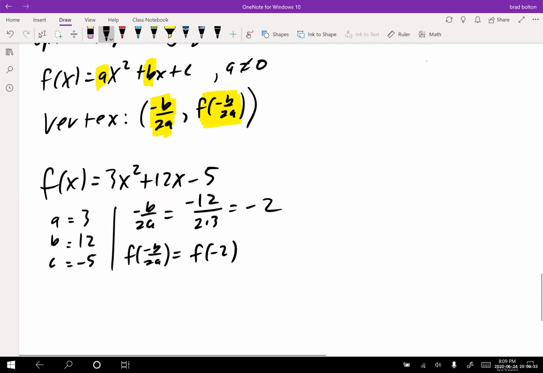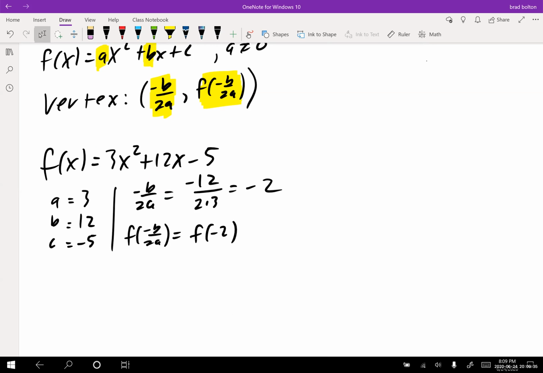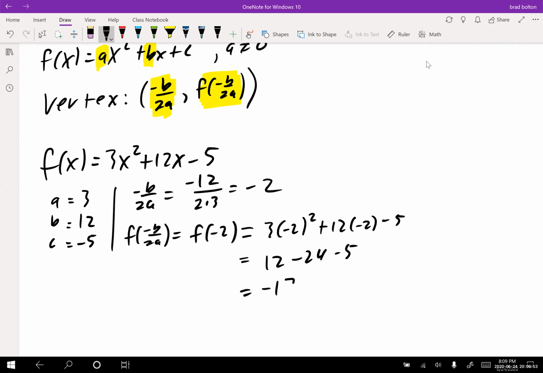Whatever you got from that previous step, you plug it into the function. So this would be 3 times negative 2 squared plus 12 times negative 2 minus 5. So this would become 12 minus 24 minus 5, which would be negative 17, I believe, okay?